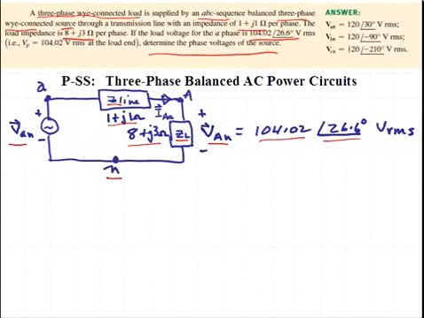So the first step here will be to determine the phase current I sub A, and we'll use the AC Ohm's law to do that, and we'll need the impedance of the load in order to perform that calculation.